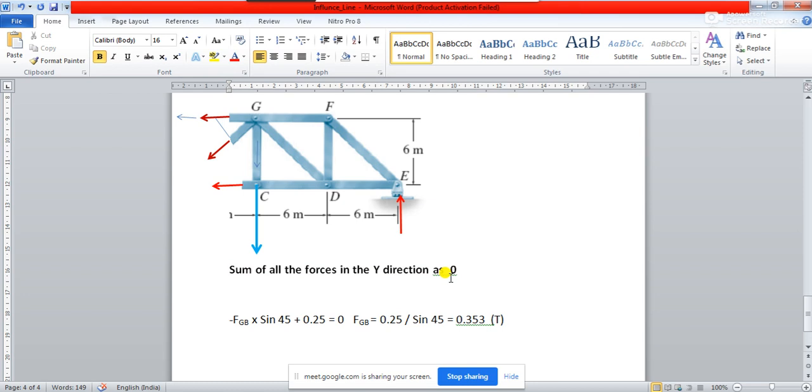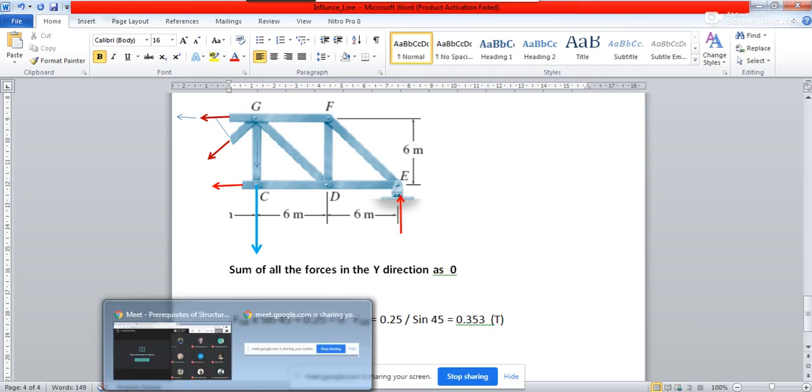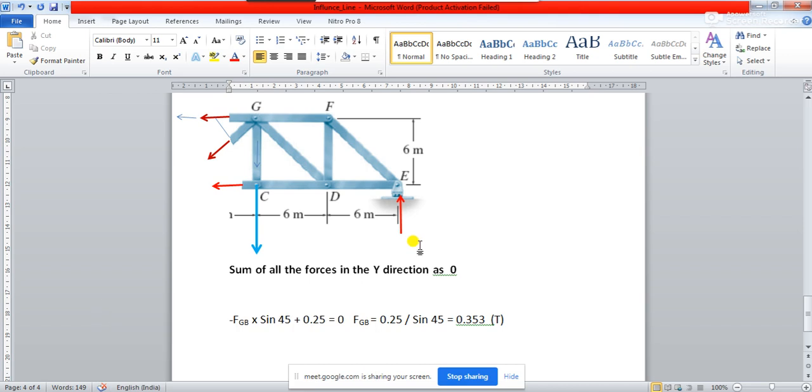So when you take the sum of all the forces in the y direction as 0, how will the equation change? Can anyone tell me? It will be plus 0.5, sir. So it is going to be minus FGB sine 45, then after that there will be another one, minus 1, right?